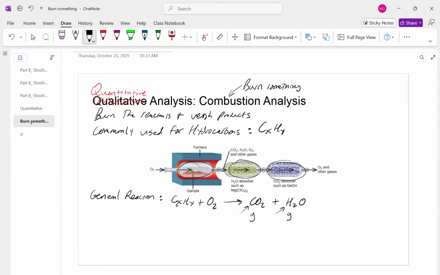Because this carbon here in carbon dioxide is the same as this carbon here in the reactant. This hydrogen here is the same as this hydrogen in the reactant. So if we know moles of carbon and moles of hydrogen, we can find the empirical formula.